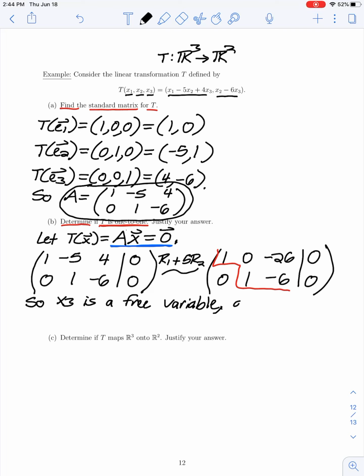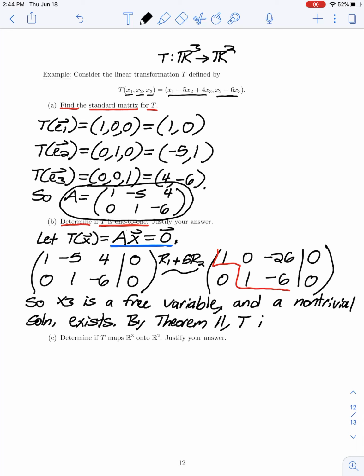So here x3 is a free variable and a non-trivial solution exists. So by theorem 11, T is not one-to-one.